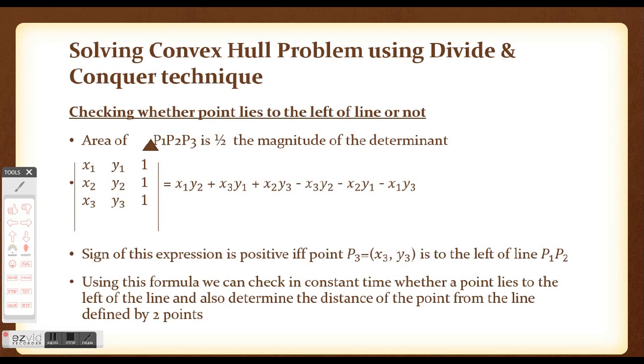The sign of this expression is positive if and only if the point P3 is to the left of line P1 P2. So using this formula, we can check in constant time whether a point lies to the left of the line and also determine the distance of the point from the line. Using this, we can find the farthest point that is to the left of the line, and using that we can recursively construct the upper hulls and then concatenate them to solve the problem.